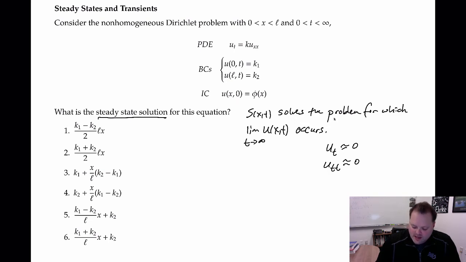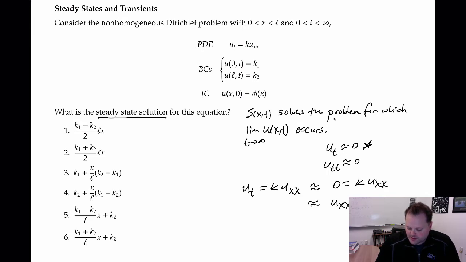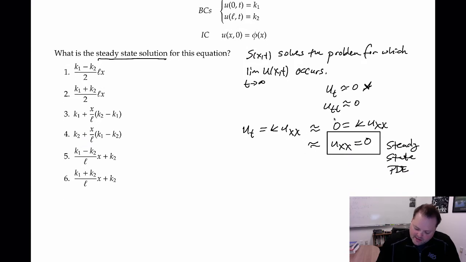And so if u_t is approximately 0, then the PDE is approximately given by this, which is really just this. So this is what's known as the steady state problem, or the steady state PDE, and its solution is what we call S of x,t.